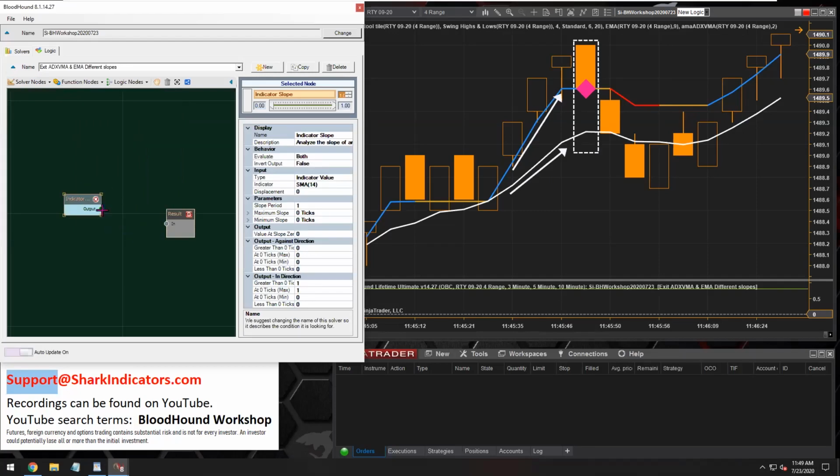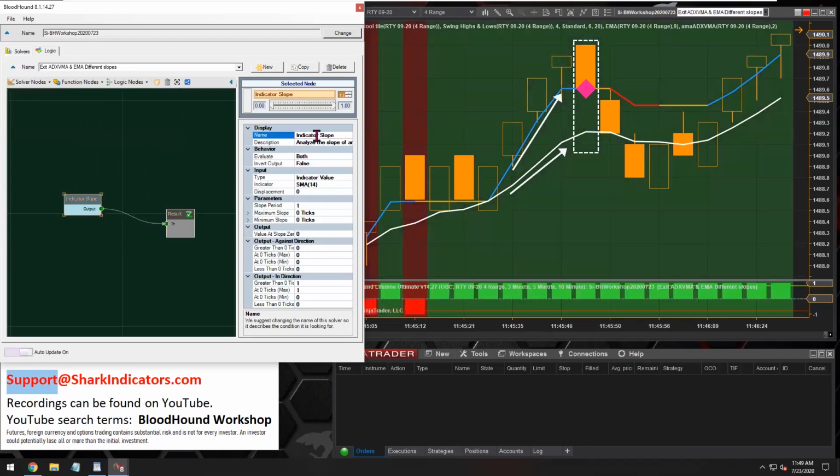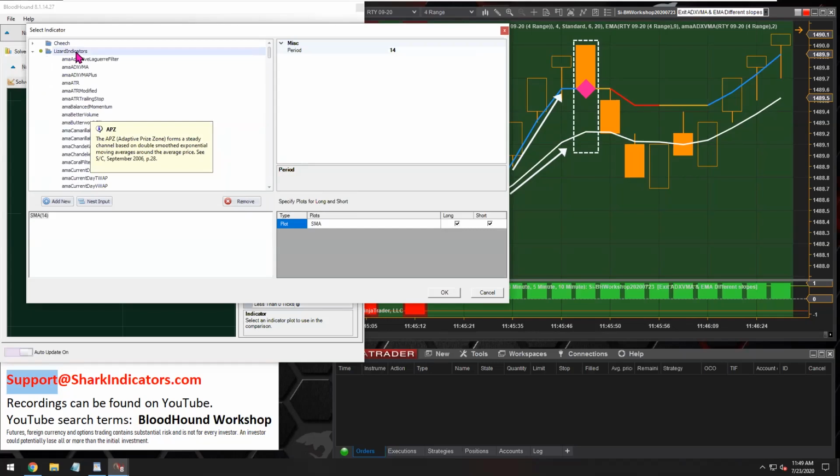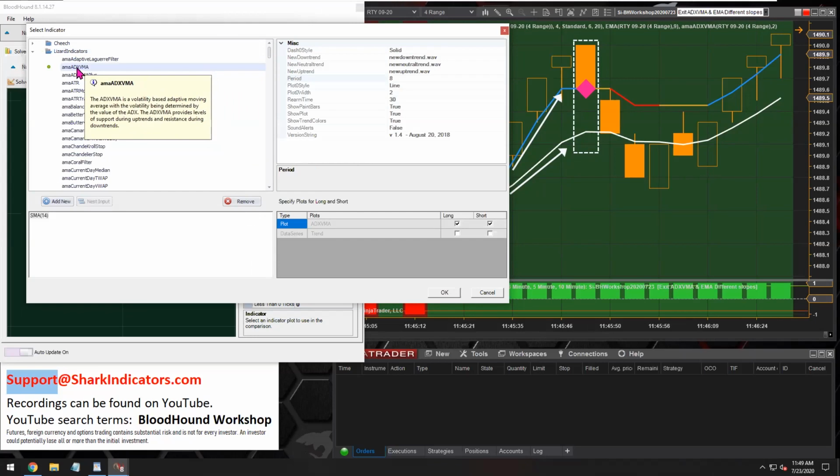There's one. All right, so we'll find the slope of the ADXVMA 2 period. So we'll just change our indicator to the ADXVMA. We're going to go to Lizard Indicators, and there's our ADXVMA.